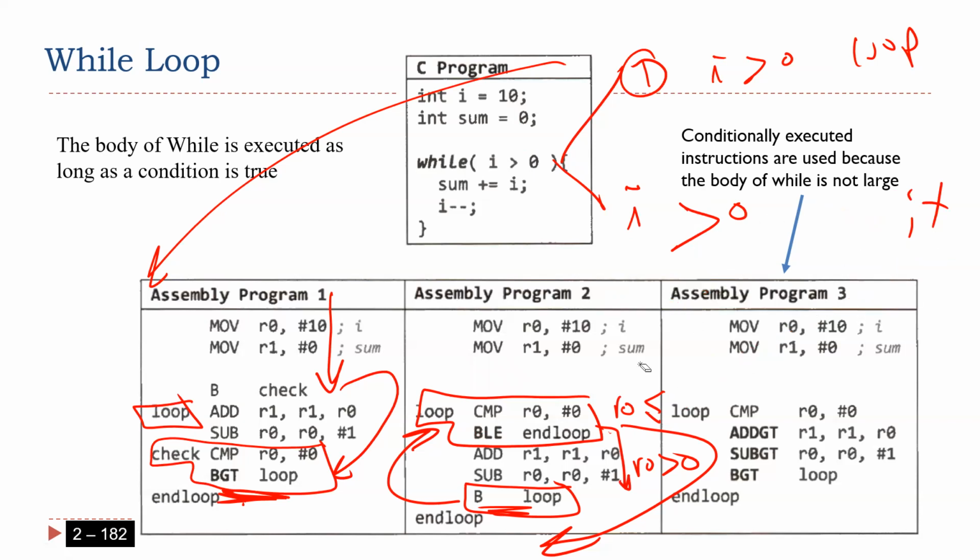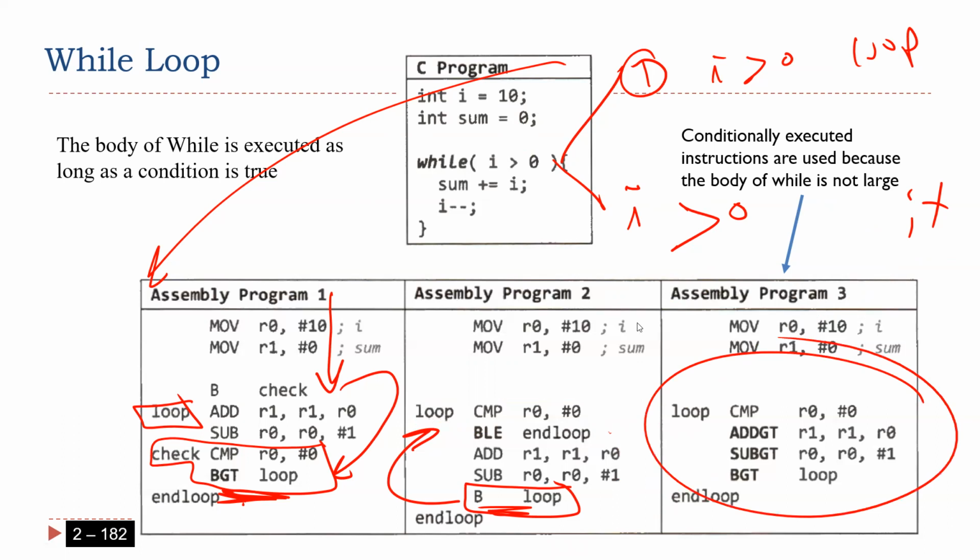Again, you can do it without branches or using conditional execution here. So here I'm going to compare R0 to 0. I'm going to say add if greater than. That's exactly the condition here. R0 means I, okay? So if I is greater than 0, you have to do this addition.